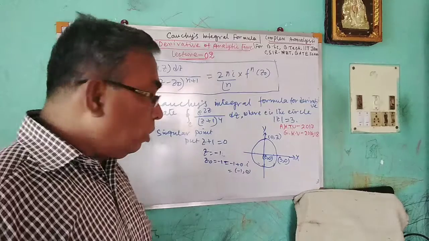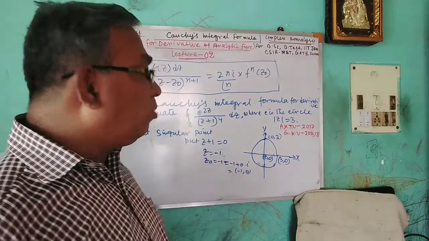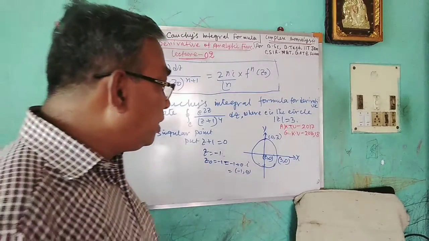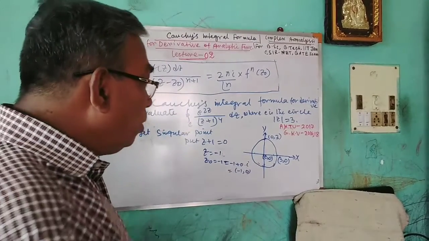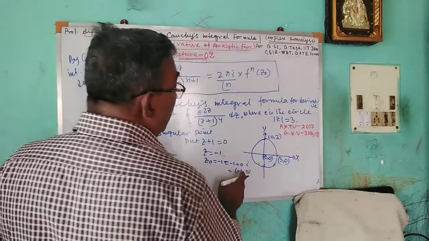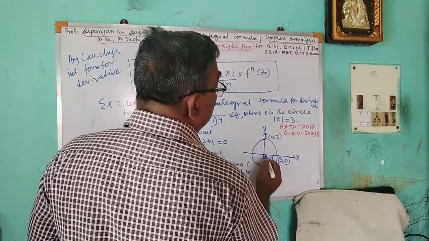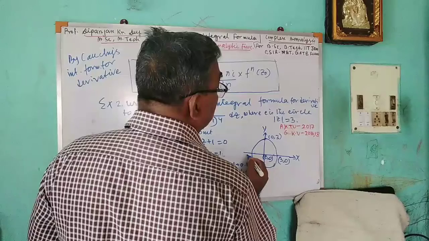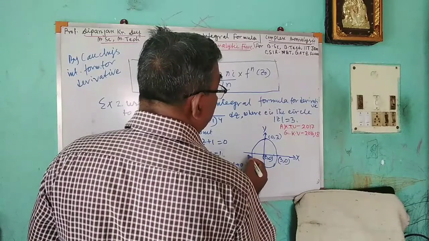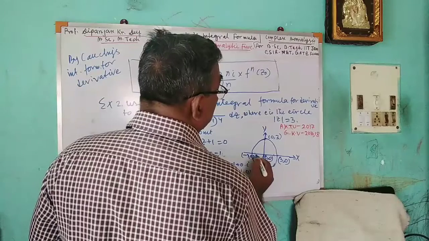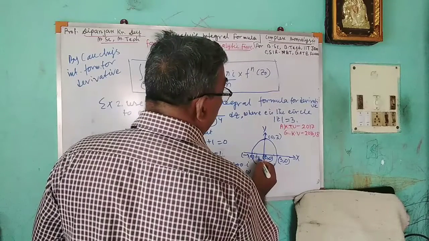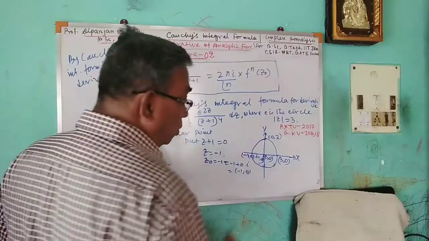After getting the singular point, you have to check whether it is inside the circle or outside the circle. So now we are checking minus 1 comma 0. This is 0, 0, and this is minus 3 comma 0. This point is actually minus 1 comma 0.